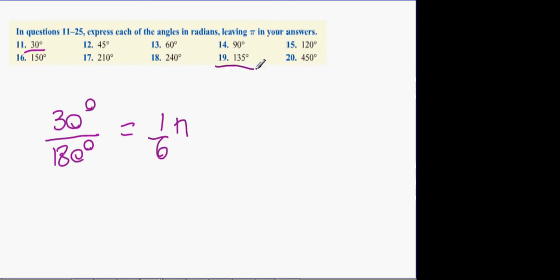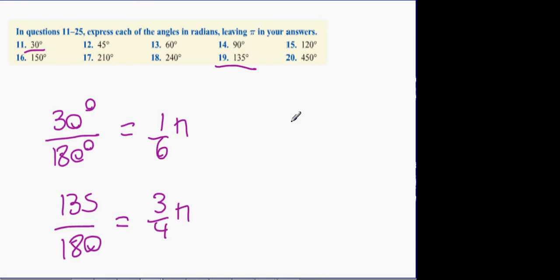Let's look at this one, 135. What's 135 divided by 180? 3/4 pi. And finally, 450 divided by 180? 5/2 pi. So look, guys, that's how you do pretty much all the questions all the way up to 20.